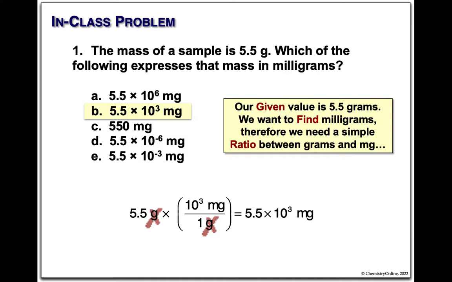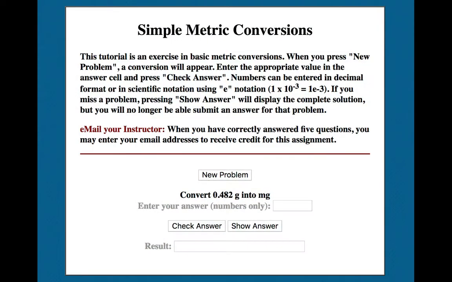Now this problem comes straight out of the tutorial. Metric conversions, grams to milligrams or whatever. And as I write the exam questions, what I do is I would go to this tutorial, hit new problem, and write it down. So it's a great way to practice to do these sorts of things.